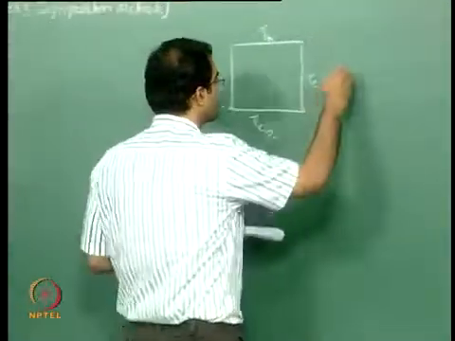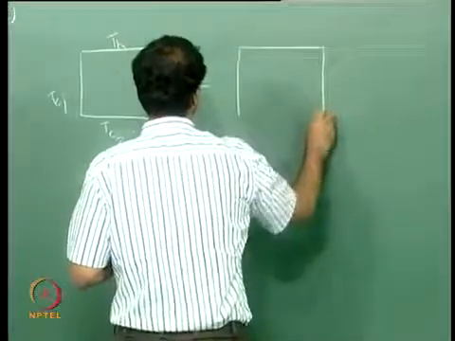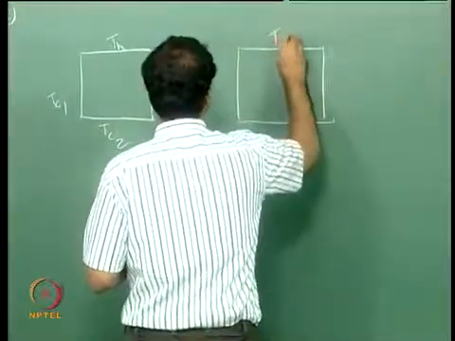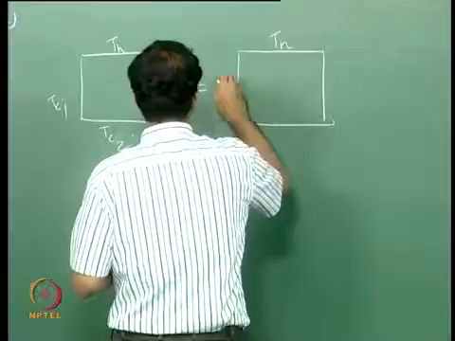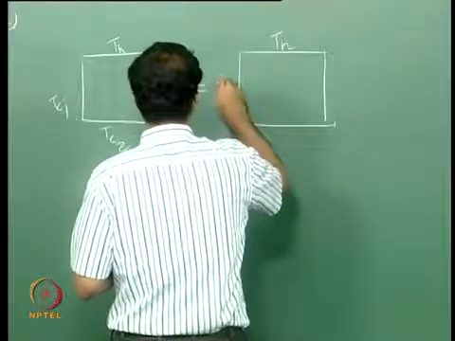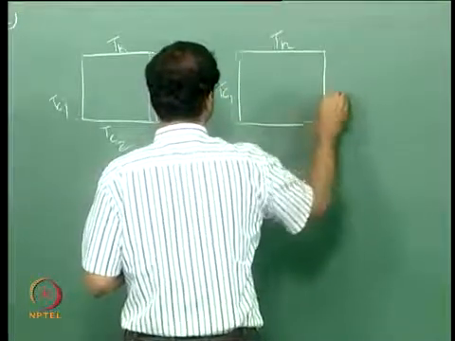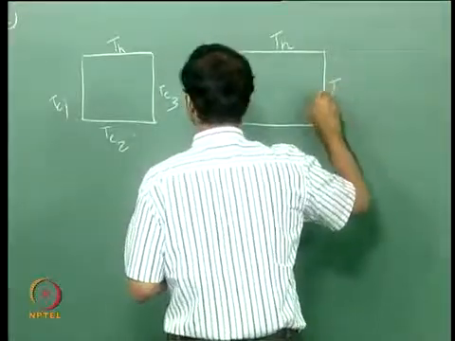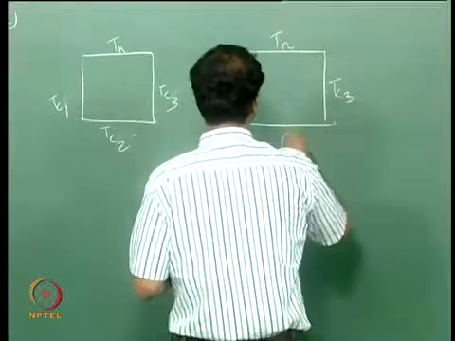You can break this into a problem where you have TH here and you put TC1 here, TC3 and 0.